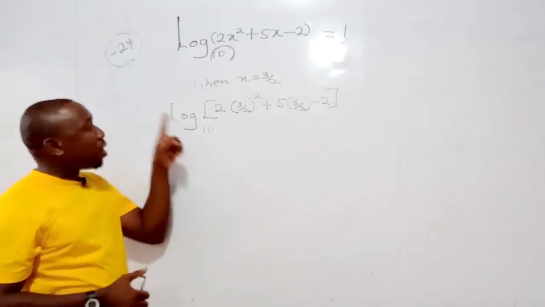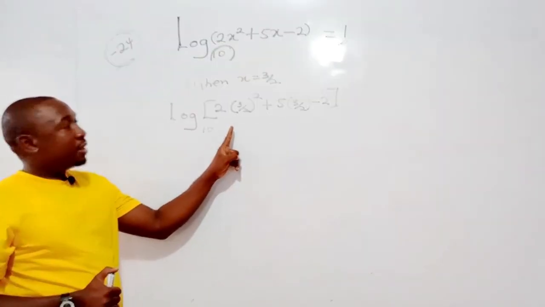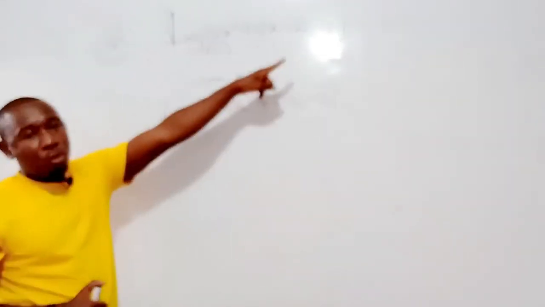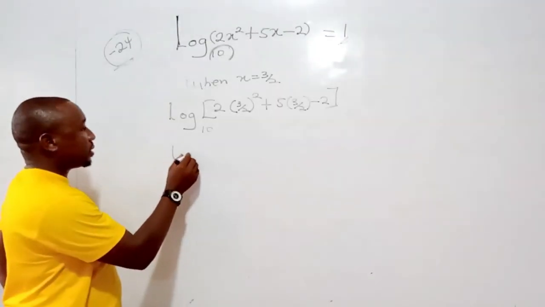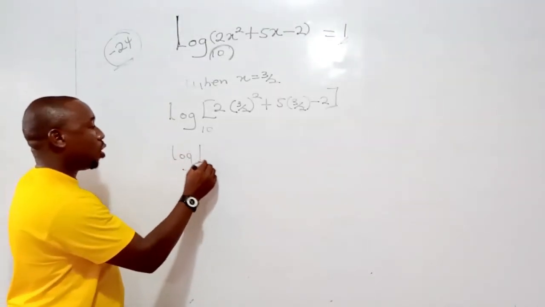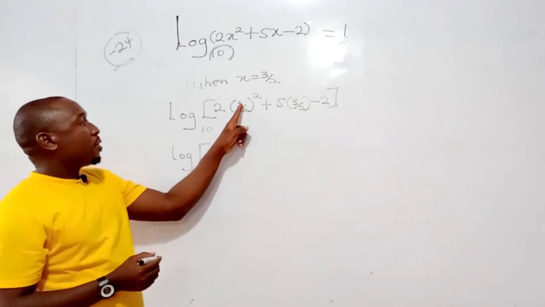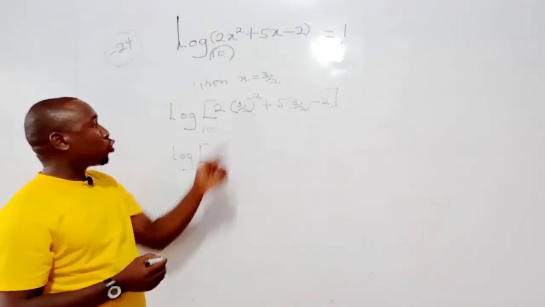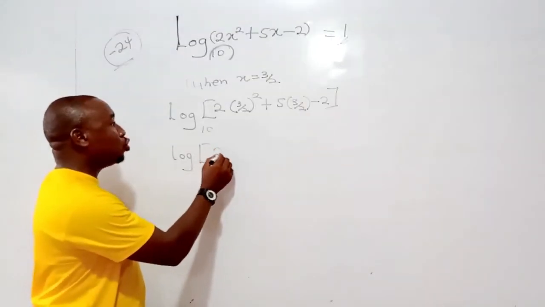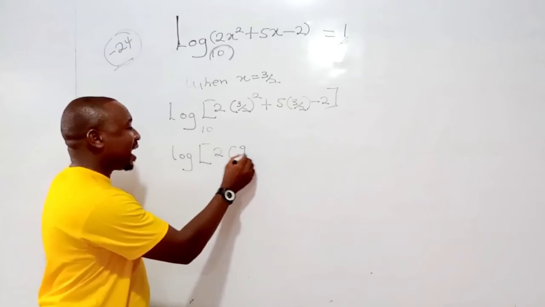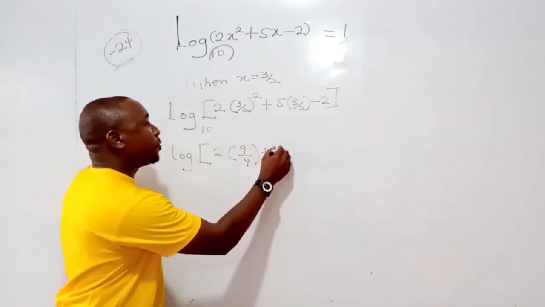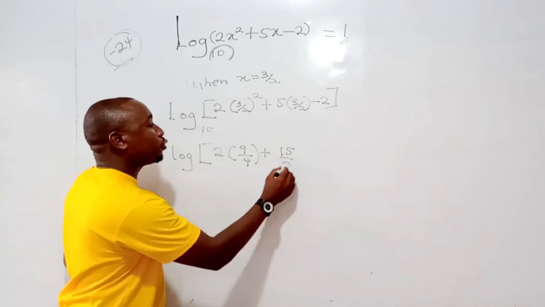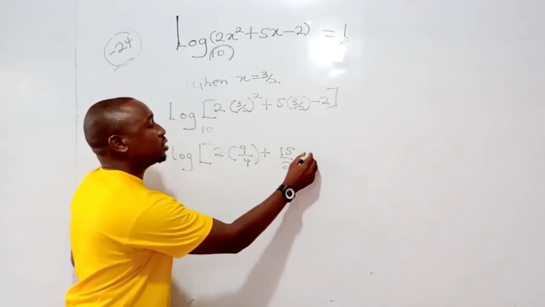This time around, we are solving this to get our 1. And this will give us log of 2 multiplying 9 out of 4, plus 15 out of 2, minus 2.